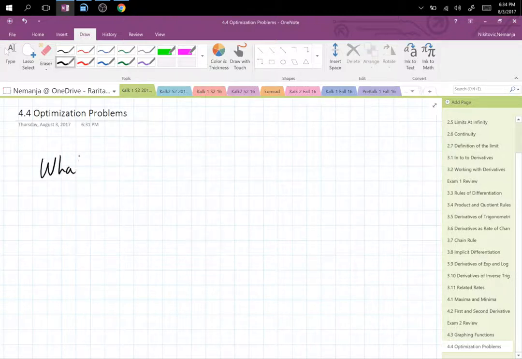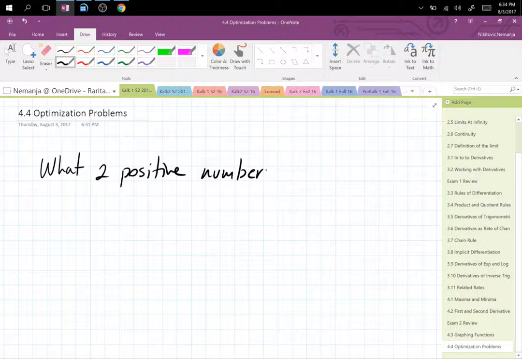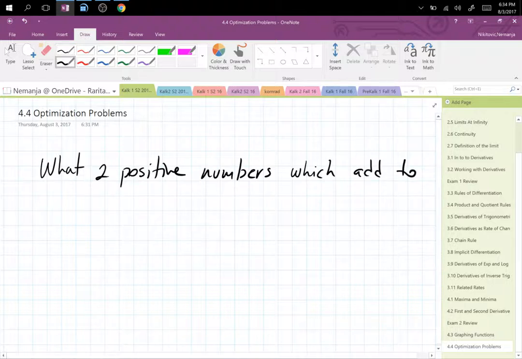So what two positive numbers which add to 16 have maximum product?